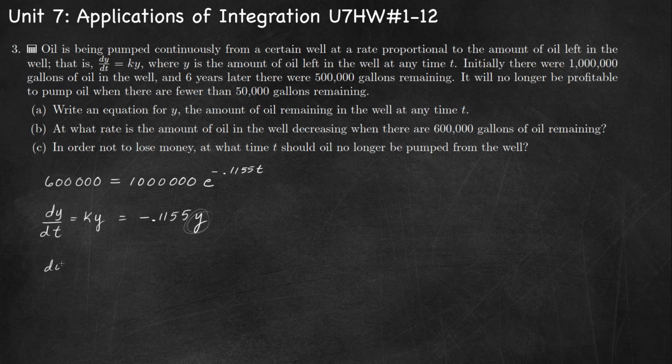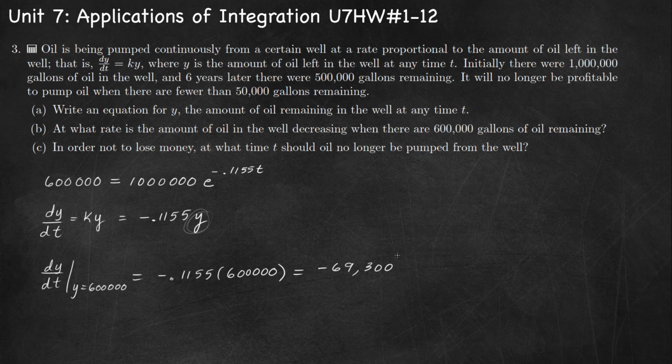So dy/dt, when y equals 600,000, equals negative 0.1155 times 600,000. And that is equal to negative 69,300.